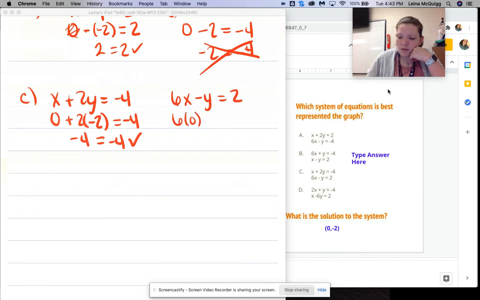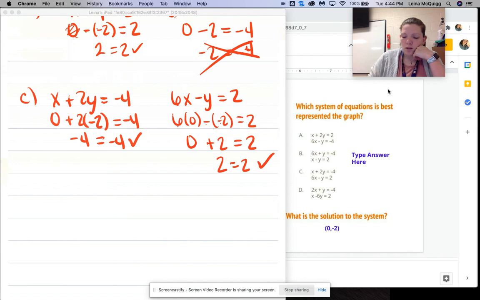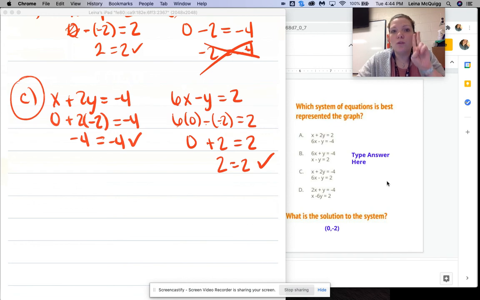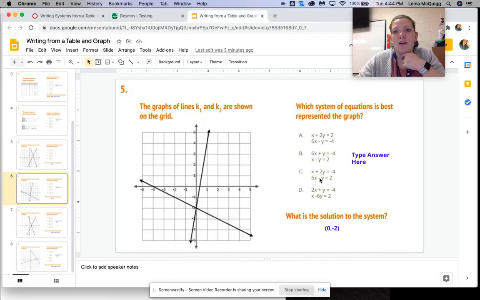So 6 times 0 minus negative 2 equals 2. So 6 times 0 is 0. Minus a negative becomes a plus 2 equals 2. So 2 equals 2. That's true also. So my answer is C. When it's true for both equations, it's a solution to the system. Okay? So the answer here would be C.